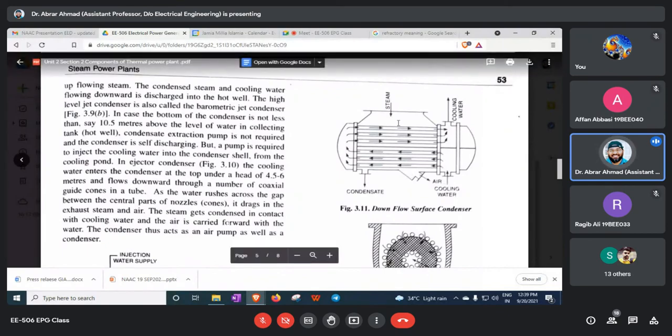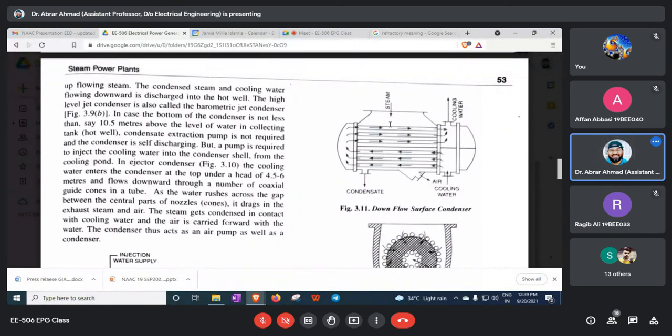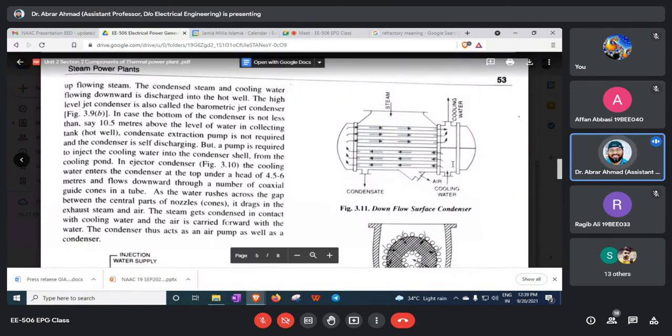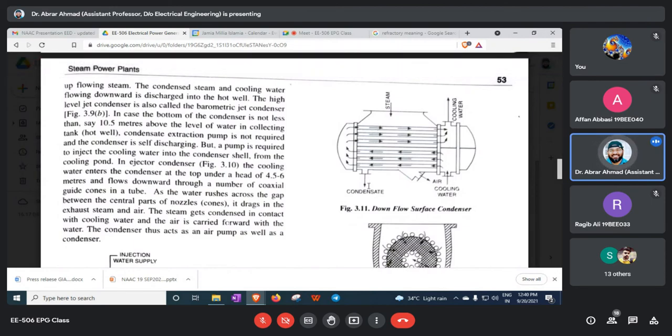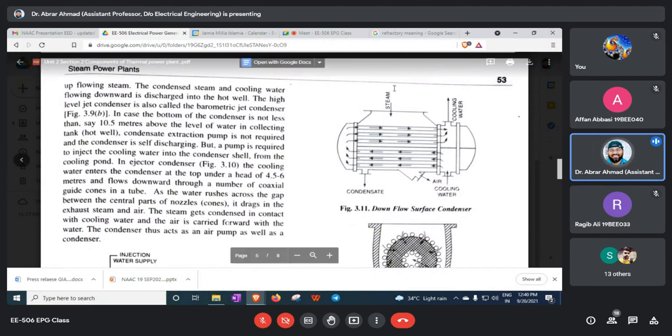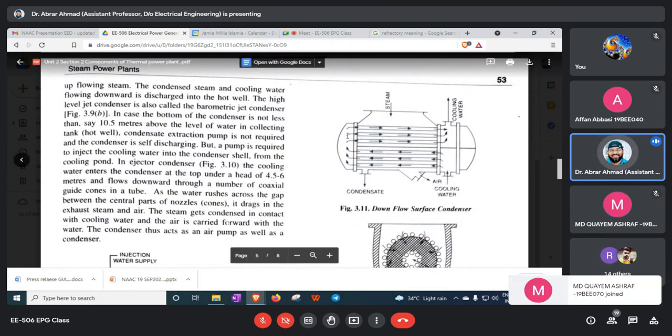The steam is coming and cooling water is going in from this side, then from that side, then water is going out. Steam has come out from this, air has gone out, and condensate has come out of this. So this is the downflow surface condenser where steam is condensed and water is flowing inside the tube.